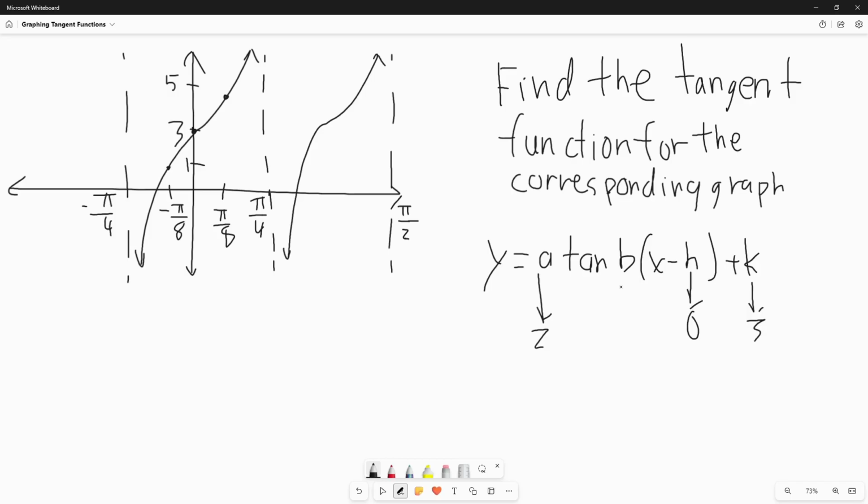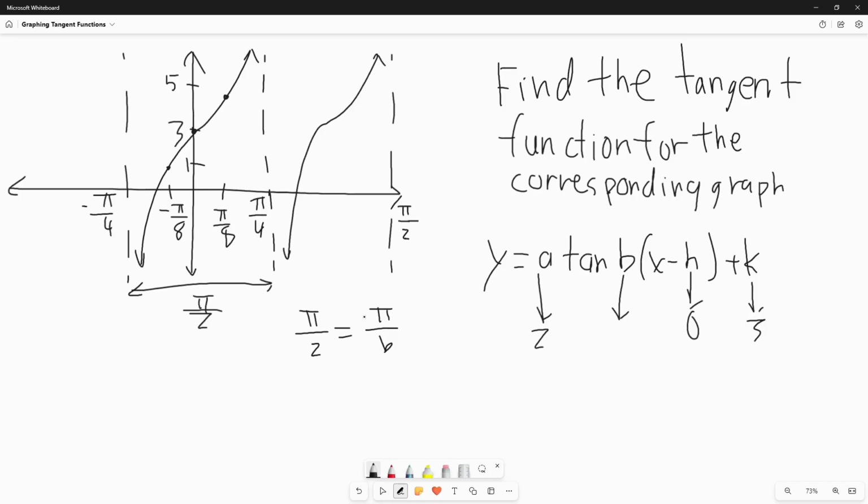The last number we need to find is b. To find b, we need to know the period. The period is from -pi over 4 to pi over 4. This area is pi over 2. And I've already said we can find b by setting the period equal to pi over b.